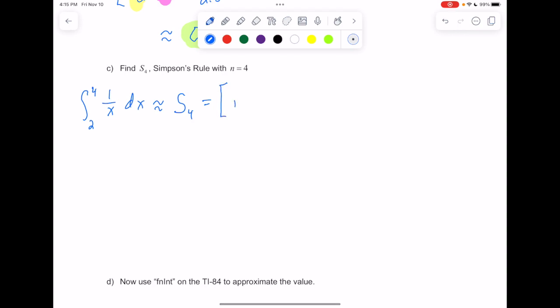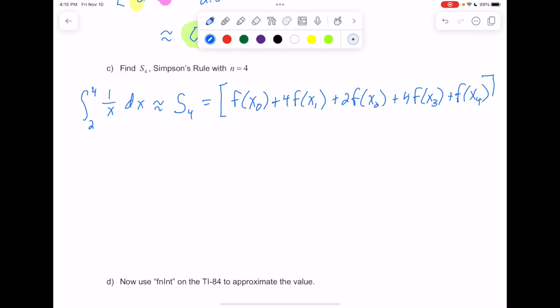All right, so what does that look like for Simpson's rule? We need to take the height at the left endpoint plus 4 times the height at the next boundary. Then it goes back and forth from 2 to 4, until you get to your last one, which is f of x4. And then that one doesn't have a multiplier.